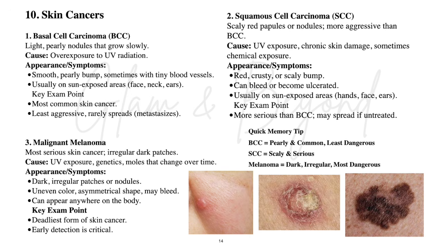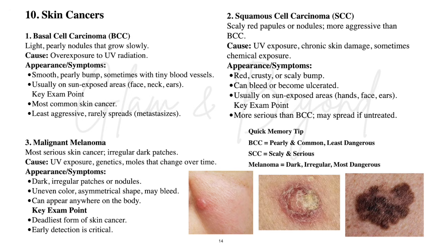And number 10, let's go over skin cancers. Number 1 will be basal cell carcinoma, BCC, light pearly nodules that grow slowly. Cause: overexposure to UV radiation. Appearance: symptoms: smooth pearly bump, sometimes with tiny blood vessels, usually on sun-exposed areas.